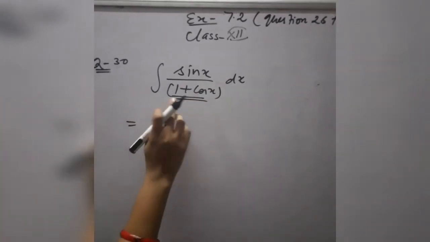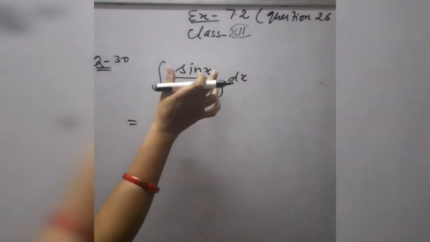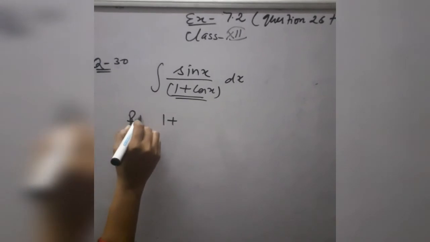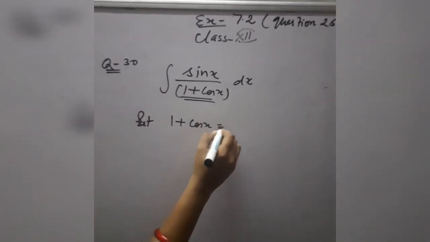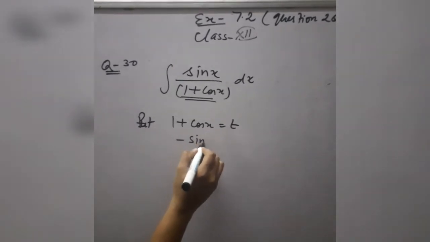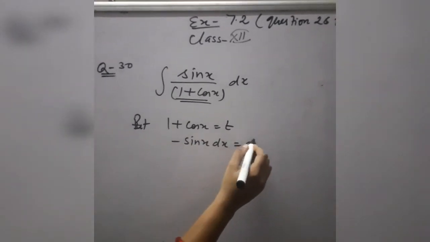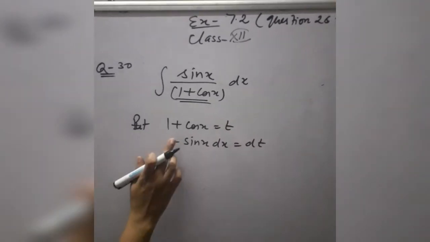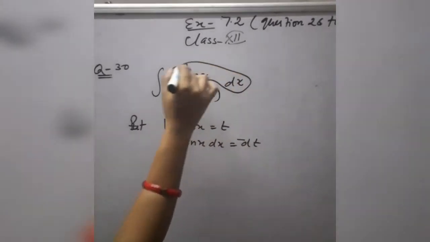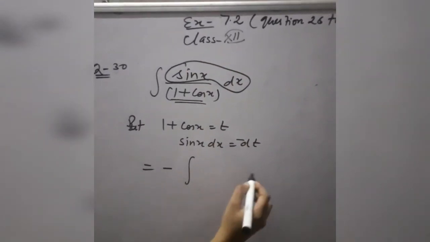In this sum also, the derivative of 1 plus cos x is minus sin x. So here you will take 1 plus cos x is equal to t. Derivative of 1 is 0. Derivative of cos x is minus sin x into dx, which is equal to dt. You can shift this minus sign to this side. In place of sin x into dx, write down minus dt.